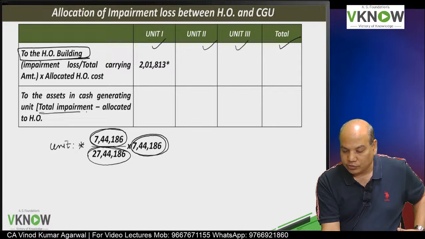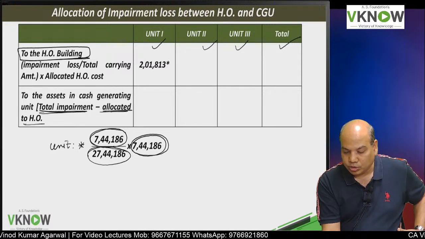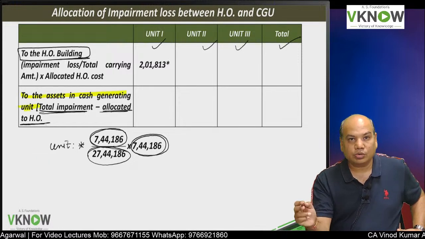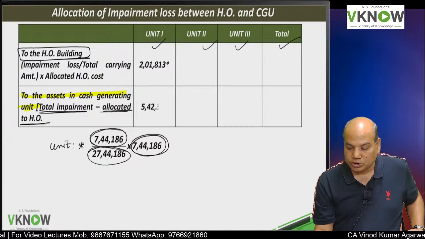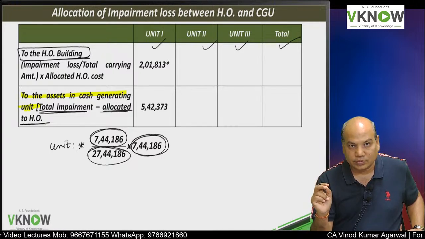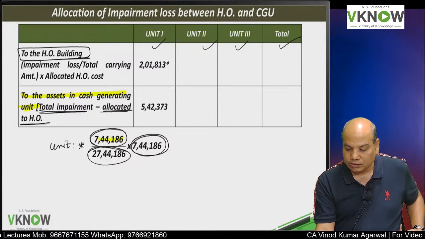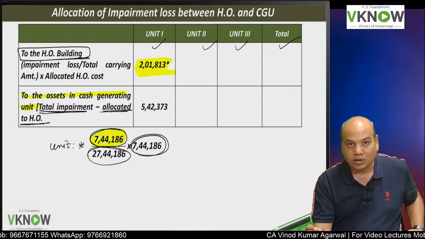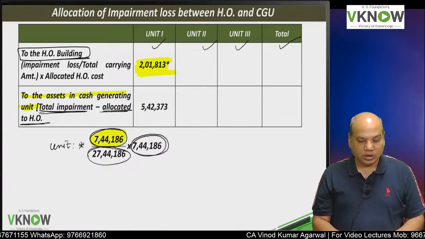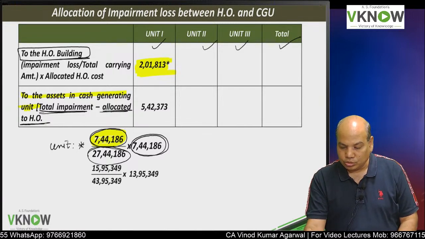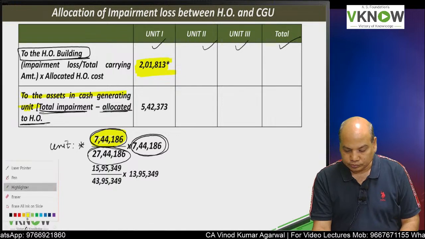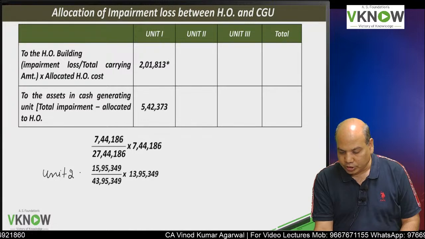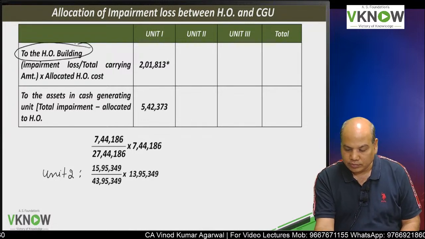Total impairment loss minus allocated to HO will be the impairment loss to be allocated to CGU. 744,186 is impairment loss, minus 201,813 will be allocated to assets of the CGU. Now write below, this is the unit 2 calculation for HO building.